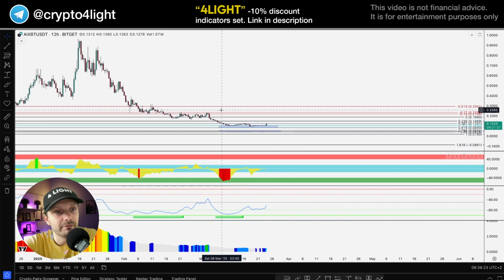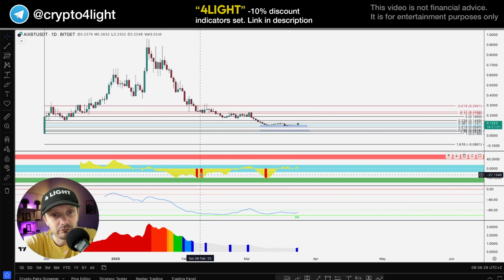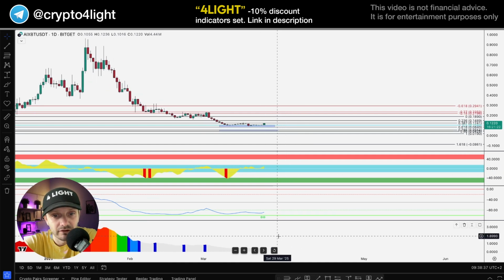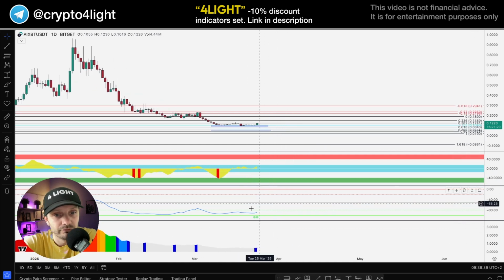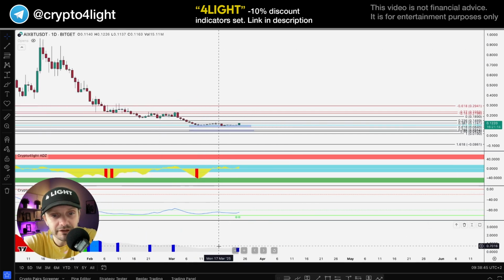Based on indicators, guys, take a look at the 12-hour time frame. This was accumulation. Let's go back to the daily accumulation, and I wish to see one more accumulation, or even two, and only after that the recovery move. This is an accumulation on the direction indicator. This is accumulation on the market mood indicator.